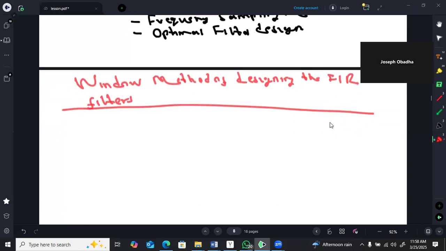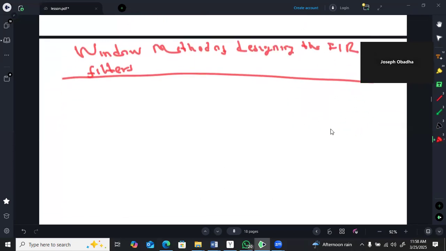So we had seen that we can use the Fourier transform method to obtain the desired filter coefficients. And we saw that in the Fourier transform method, we start with the transfer characteristics of the filter that we want to obtain. Like we know that in the frequency domain, the transfer characteristic of the filter is in this form.